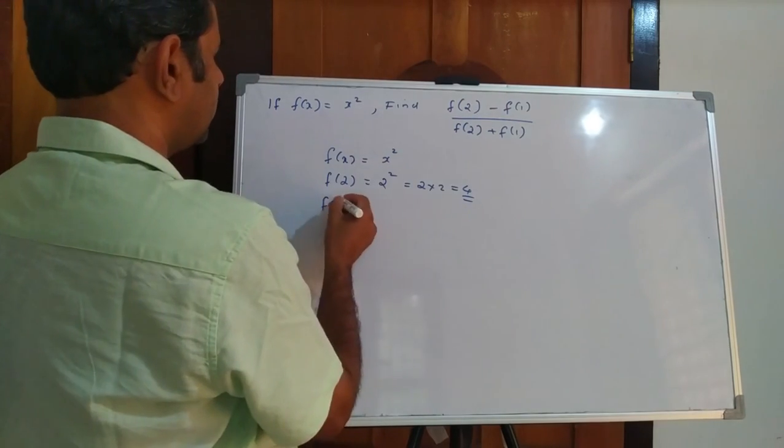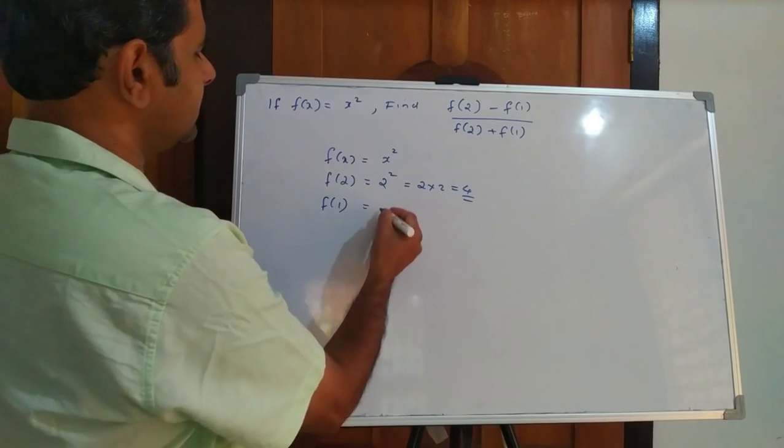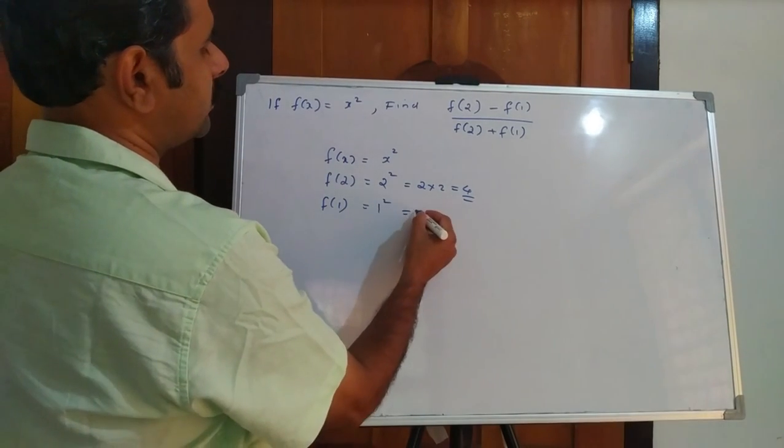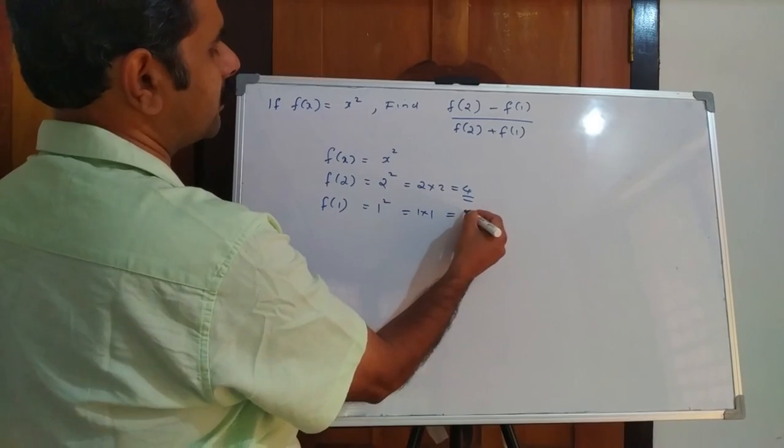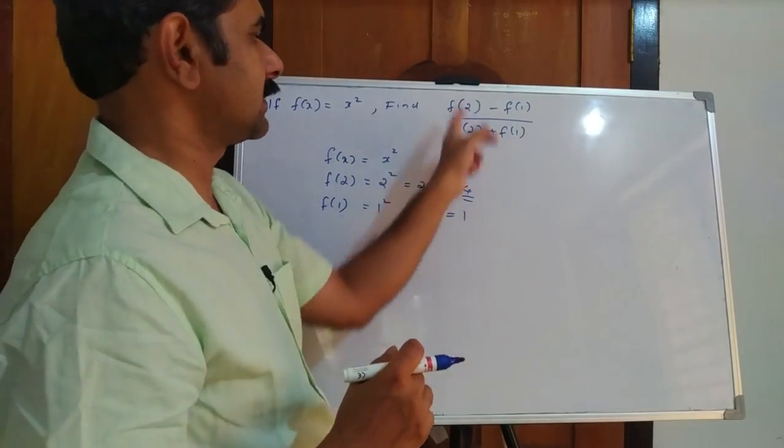Similarly, what is f of 1? f of x is x square, so f of 1 is 1 square. What is 1 square? 1 into 1, which is 1. So that is all about this fraction, isn't it?